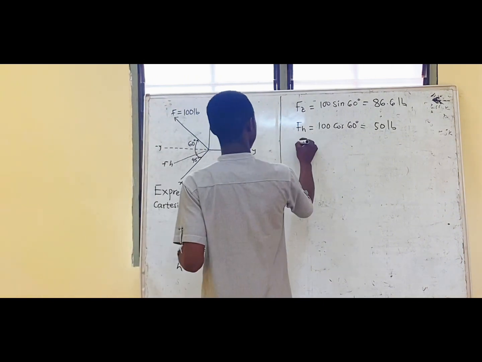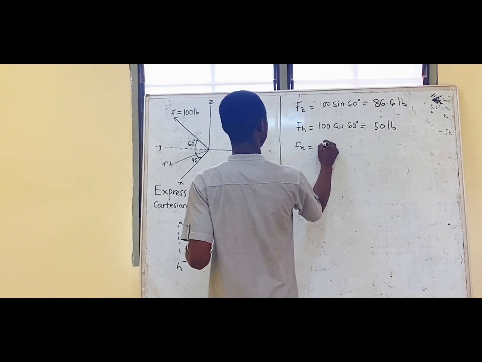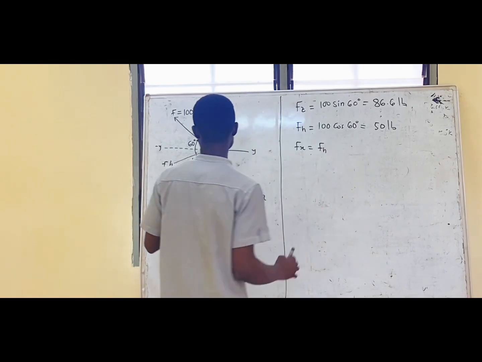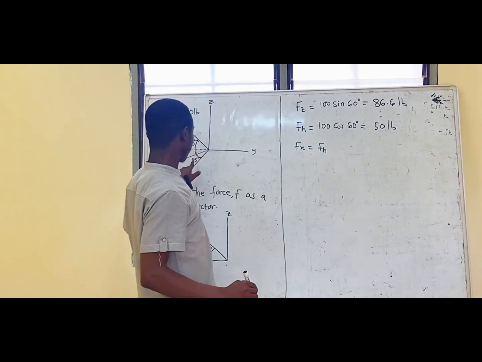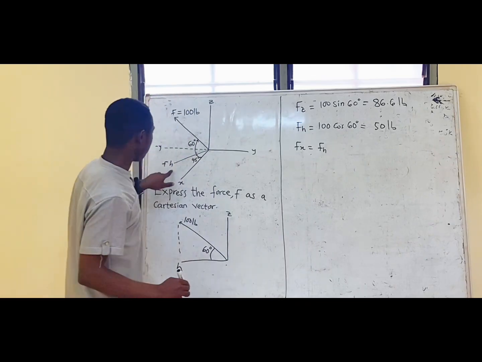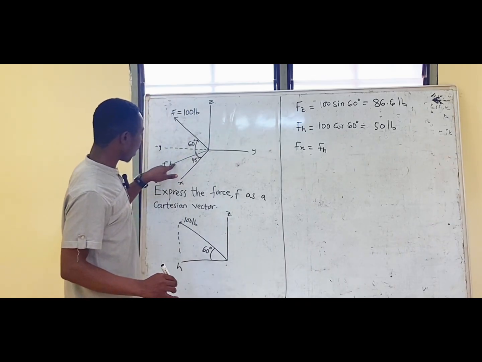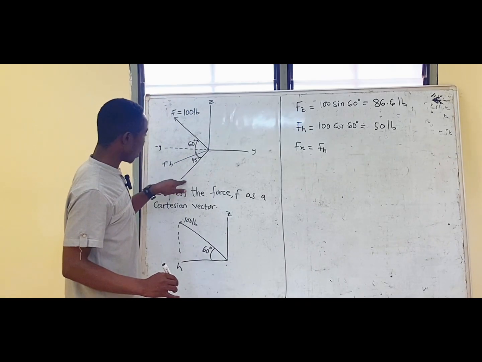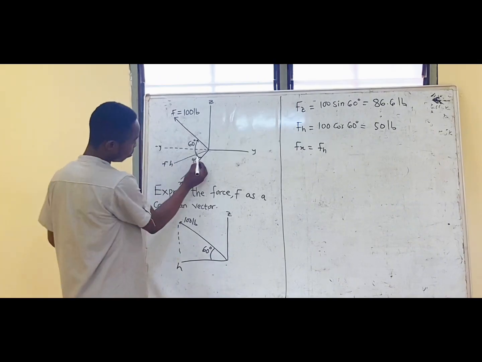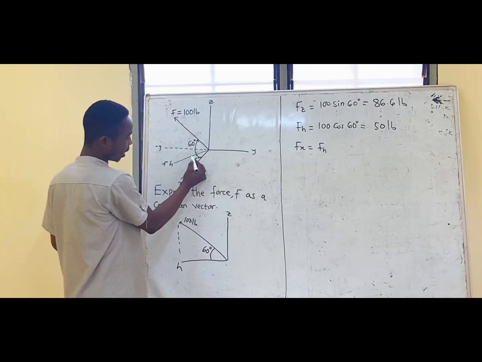Very good. So Fx will be equal to Fh. As we have our Fh here, the angle between the H and the X is 45 degrees. Please, I hope you can see it from here. So this is the H, right? So the angle between the H and the X is 45 degrees.